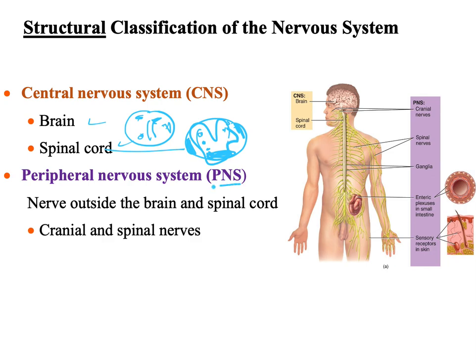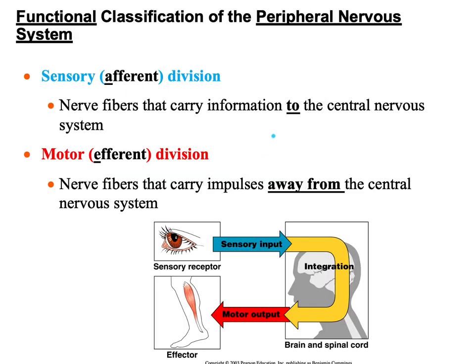But now there is also a subdivision of the peripheral nervous system. Functional classification, that means something related to the function of the peripheral nervous system. For example, take this message. You see somebody here, right? You create an image. The vision is a sensation, right?